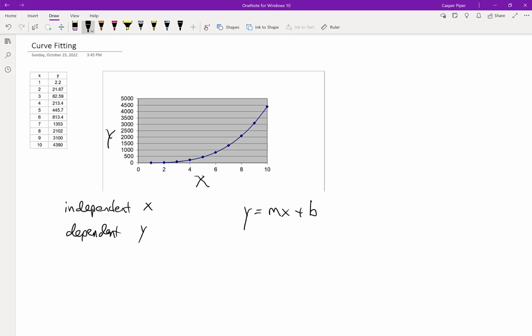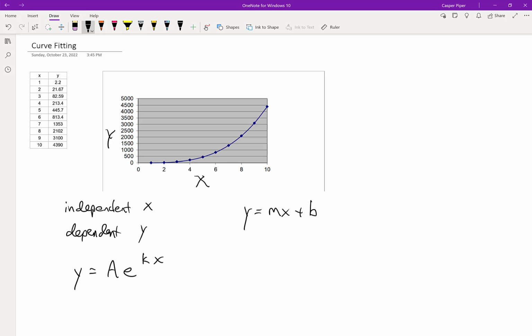So another really common function, and one that I think of when I see this curve, is exponential. So maybe y equals a times e to the kx, where a and k are just some constants. Don't know what they are, but they're some constants.